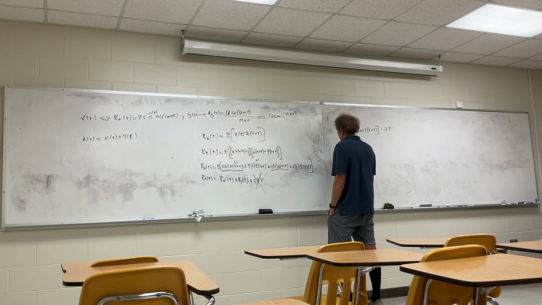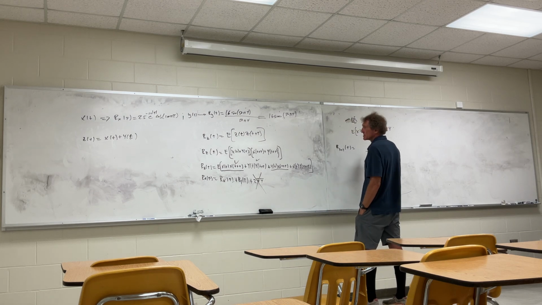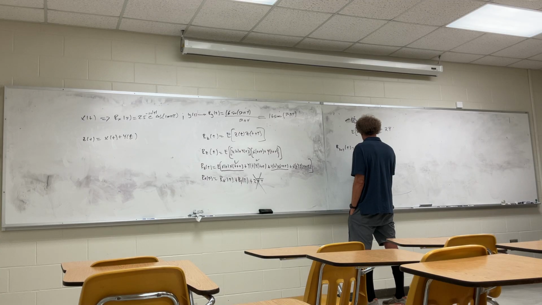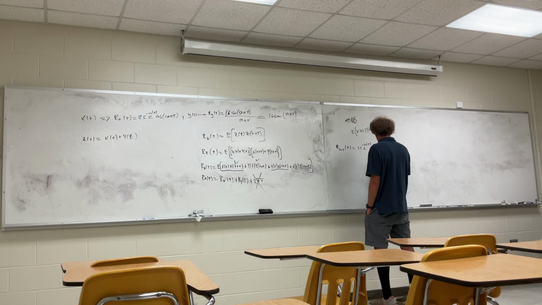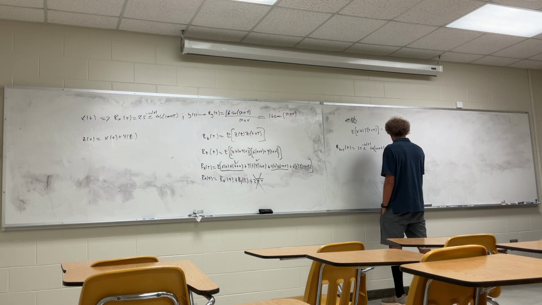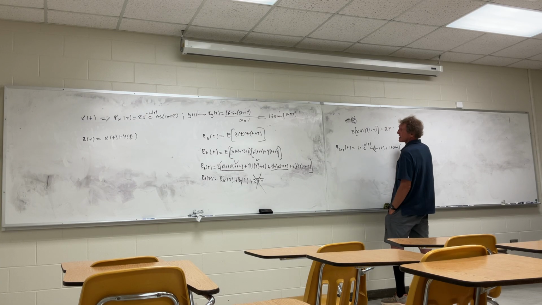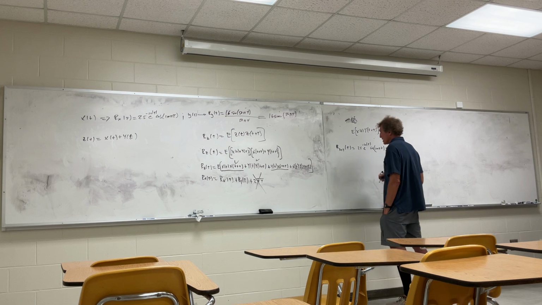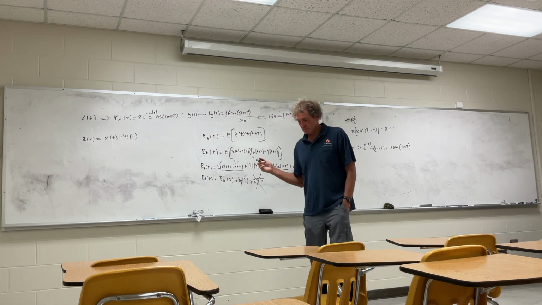For Jerry, if I look at R of my z, and he calls it x plus y, I don't care what you call it, that's just going to be the first function, which is 25 e to the minus 10 times the magnitude of tau times the cosine of 100 pi tau, plus 16 times the sinc of 50 pi tau.